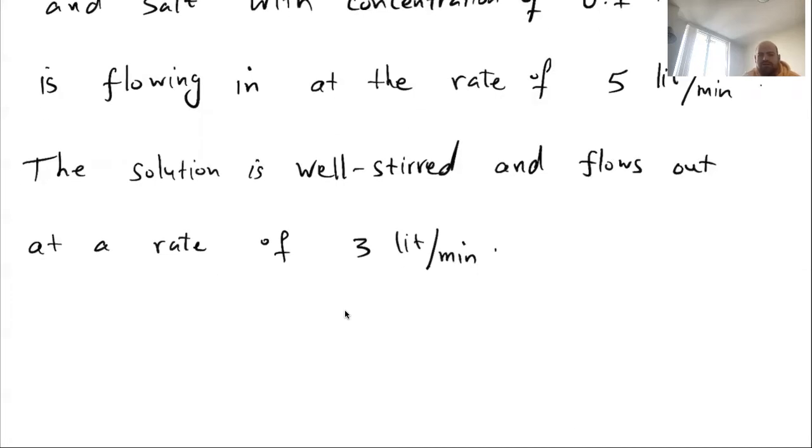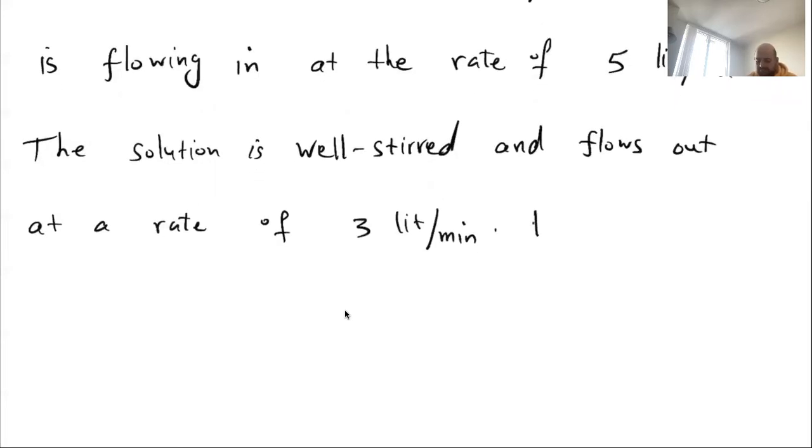How much salt is in the tank when the tank is full?